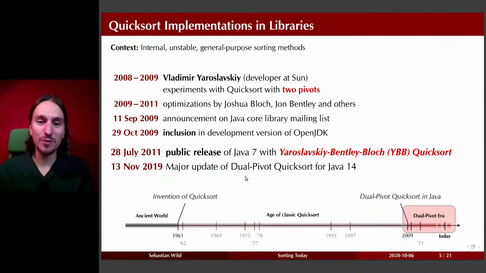It's also the basis for the Android SDK, so if you have an Android device, its sorting method uses this algorithm. So it might actually be the most run algorithm to date. And all that after a fairly short amount of time. So that's fairly interesting, I think.